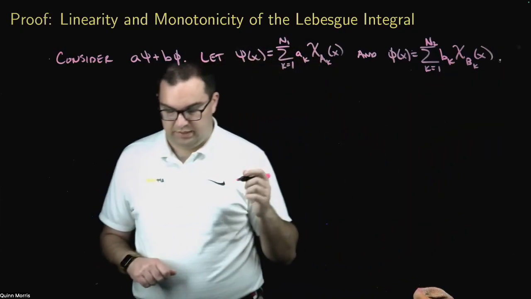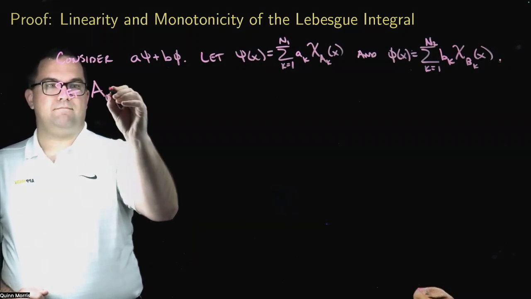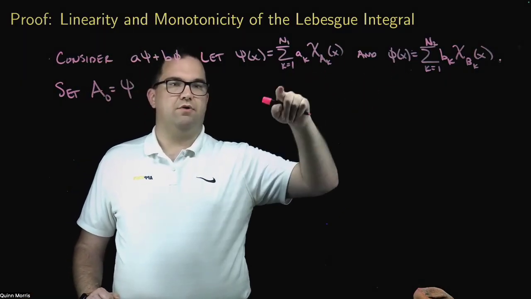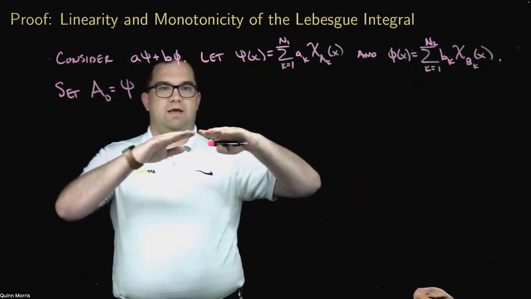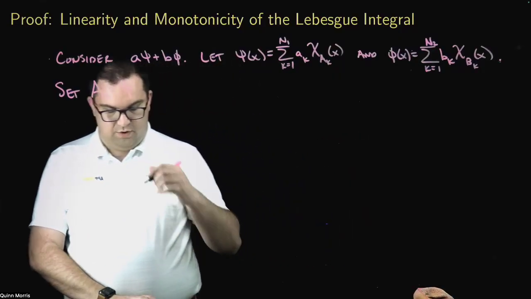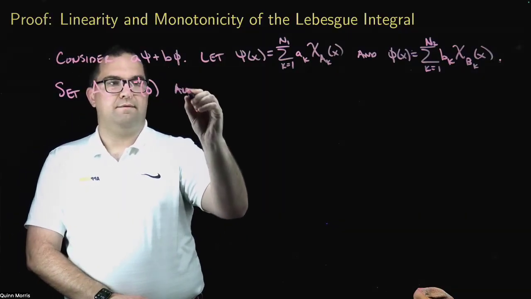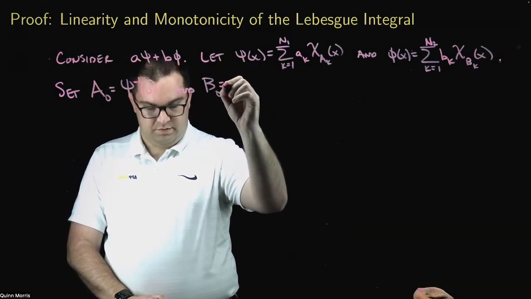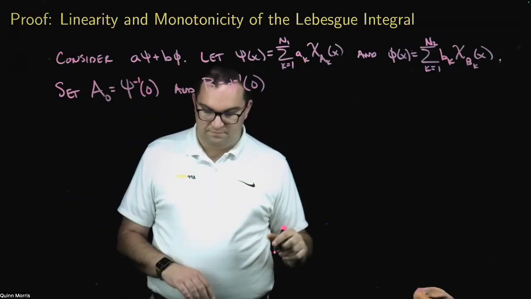Now, let me define some things. I can generally assume that all of these, the AKs and the BKs, are non-zero, because I'm going to define this function elsewhere to be 0. So let's call A0 the preimage of 0 under psi, and capital B0 will be phi inverse, or the preimage of 0 under phi.